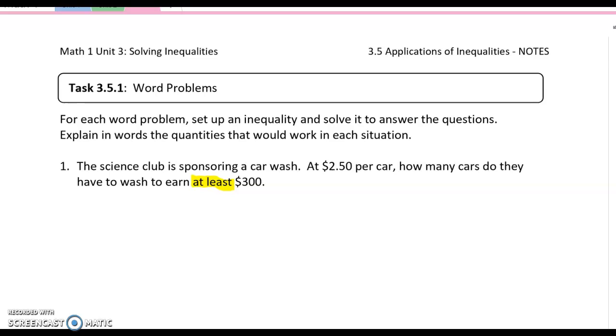They want to earn at least $300, so minimally they want to get $300. They love to get more. So we're going to translate "at least $300" into greater than or equal to $300. This is definitely part of the inequality we're going to set up.